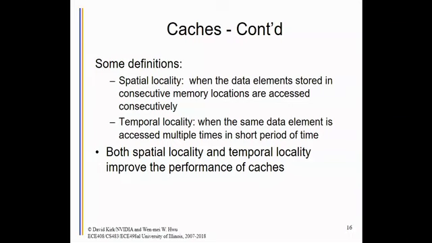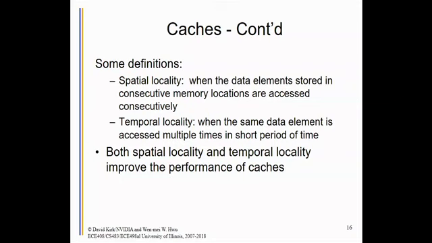So there are some definitions. There's a concept of spatial locality and the concept of temporal locality. Spatial locality says when a program accesses a data element in the memory space, it's very likely it's going to also access nearby locations.